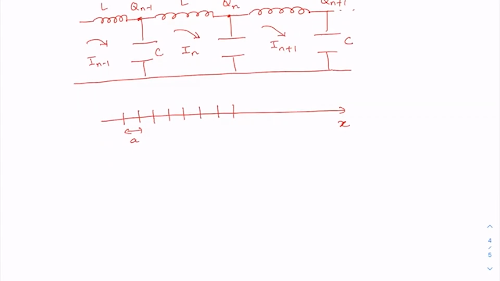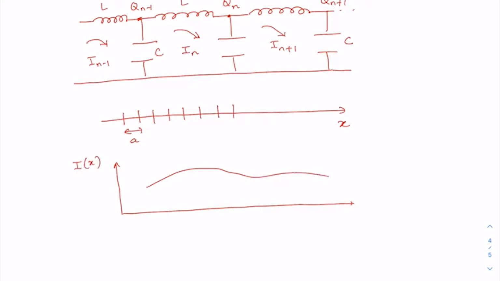As a tends to 0, the cell size is getting smaller and smaller, and I can assume that the current flowing through this transmission line is smooth like this, a function of position.